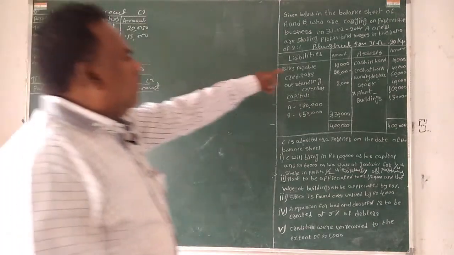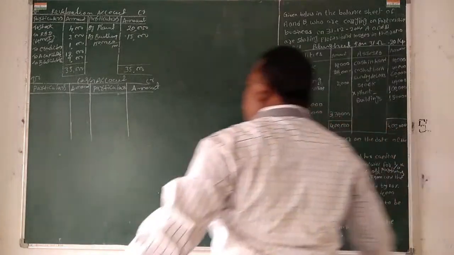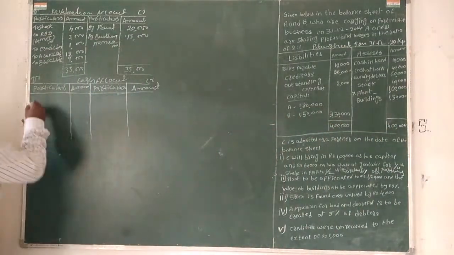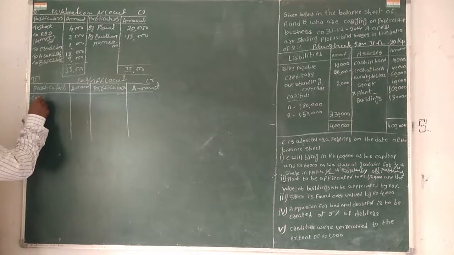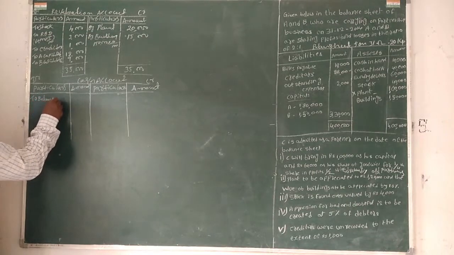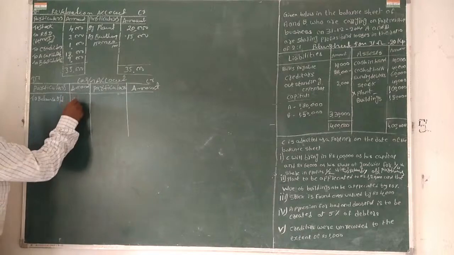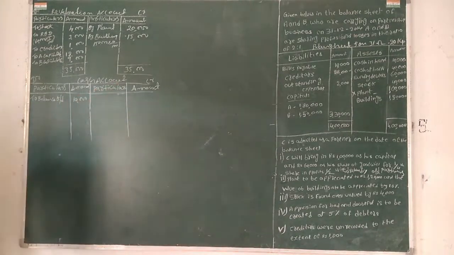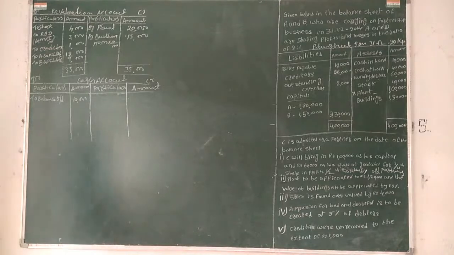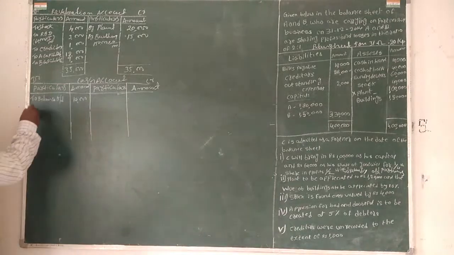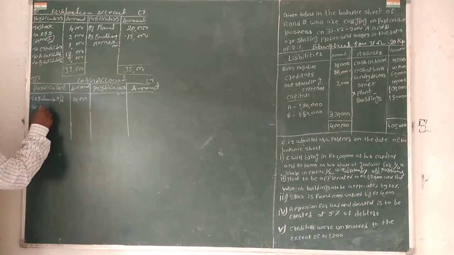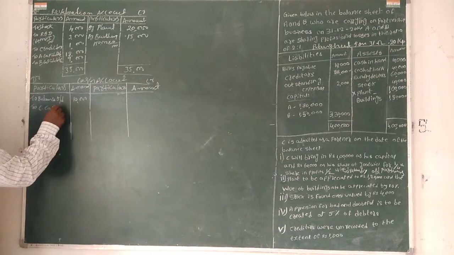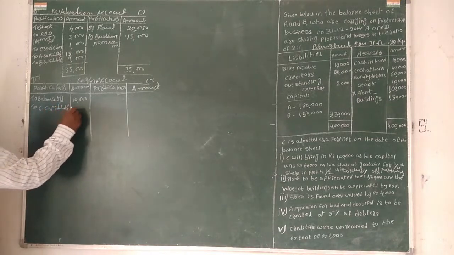Here, half of the amount means 30,000, in which 20,000 taken by A, 10,000 taken by B. So by A capital account withdrawn 20,000 and by B capital account 10,000, total 30,000.